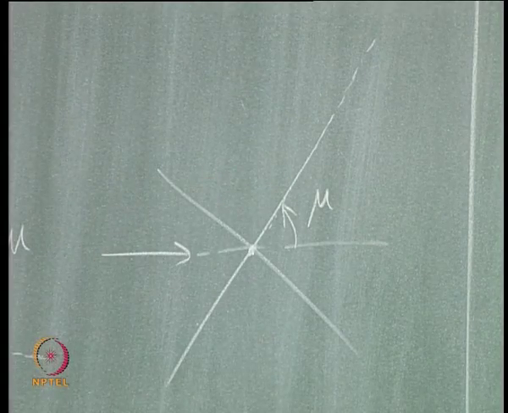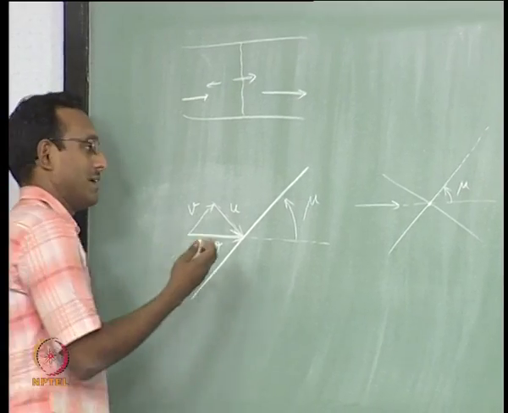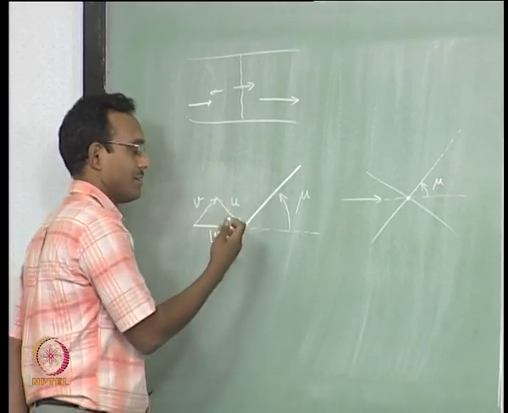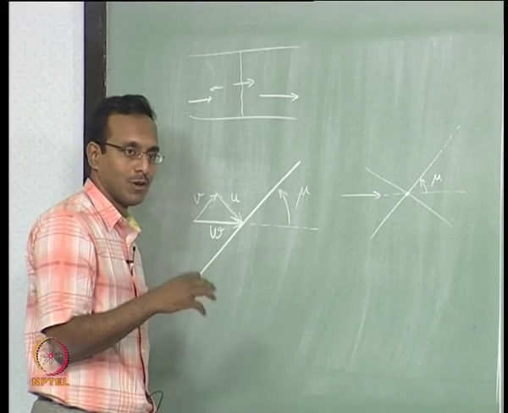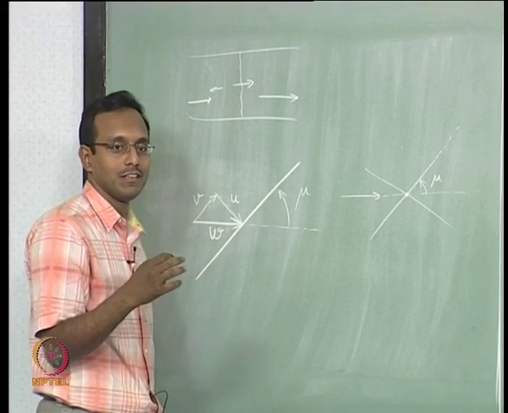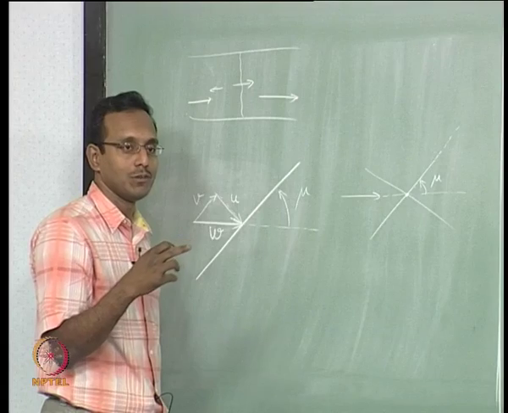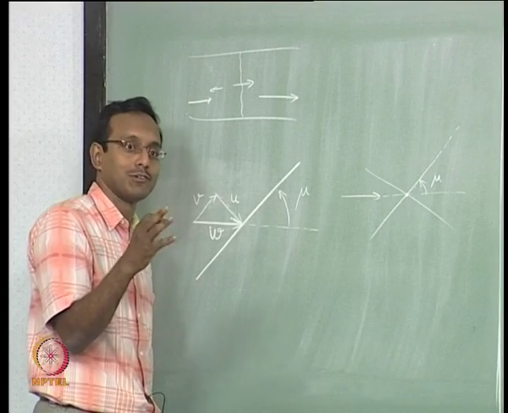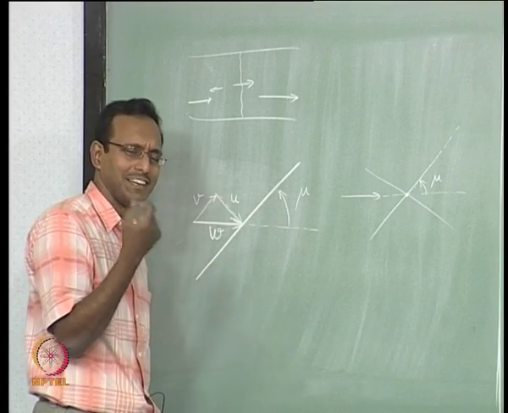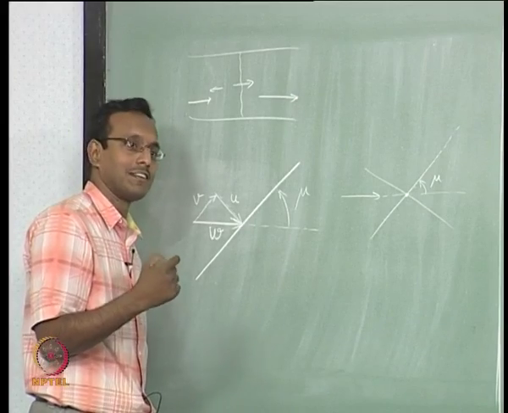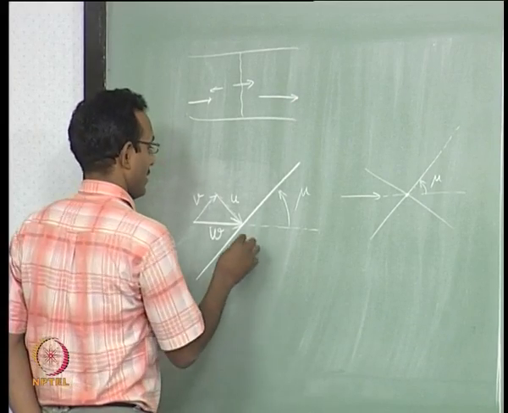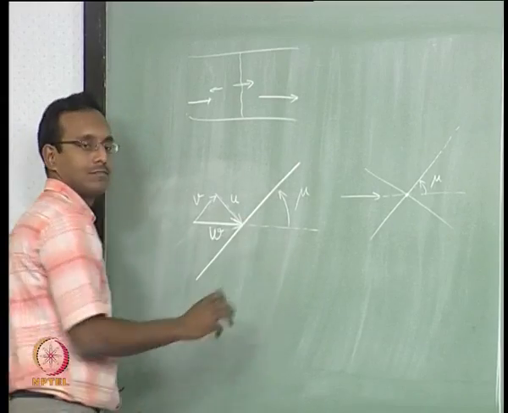I am going to use the same kind of explanation here, and I am going to say a wave is traveling this way with respect to the flow velocity at wave velocity equal to speed of sound, almost equal to speed of sound. I told this last class also, right. It is slightly less, infinitesimally less. We will take it as equal to speed of sound, and so it is going to have this angle.